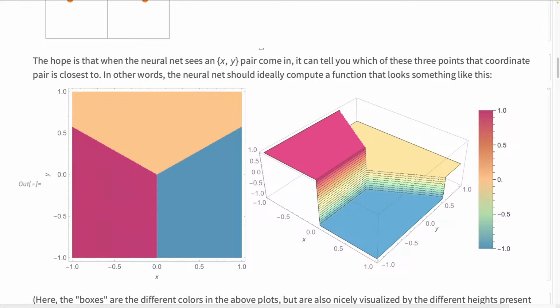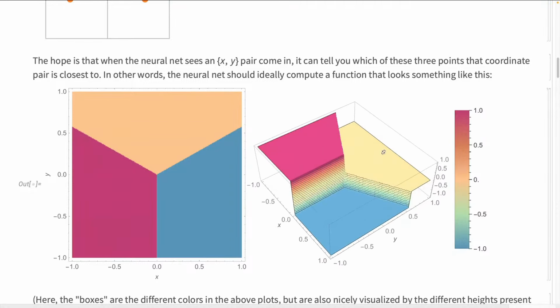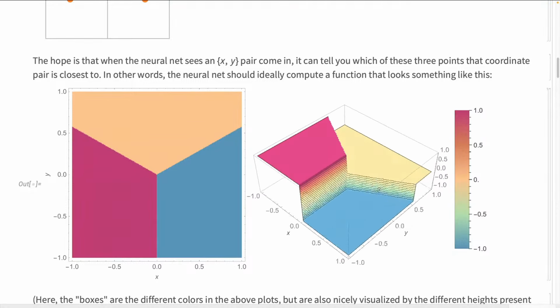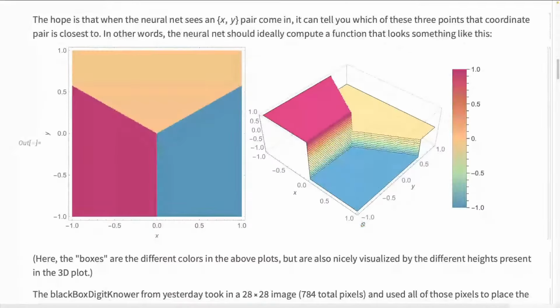We want the neural network, in other words, to compute a function that looks like this. It's got 3 different boxes you can think of these things as. So this is one box up here, this is another box over here, and this is another box over here. If you exist anywhere in here, we want 1 to be the output. If you exist anywhere here, we want 0 to be the output. And if you exist anywhere here, we want -1 to be the output.